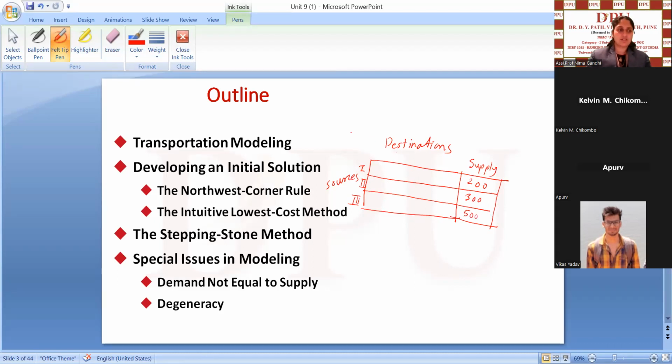You have different destinations, let's say destinations A, B, and C, and the requirement is written here. The supply is basically the factory capacity.